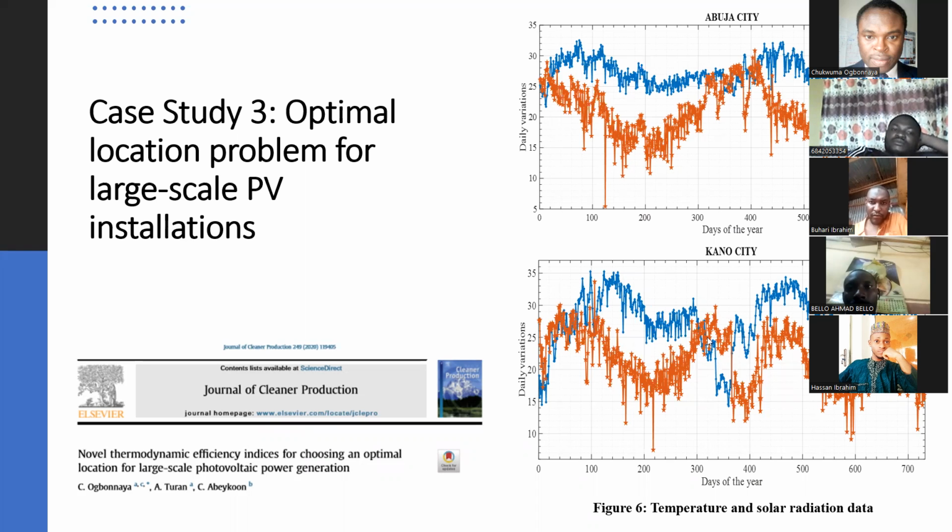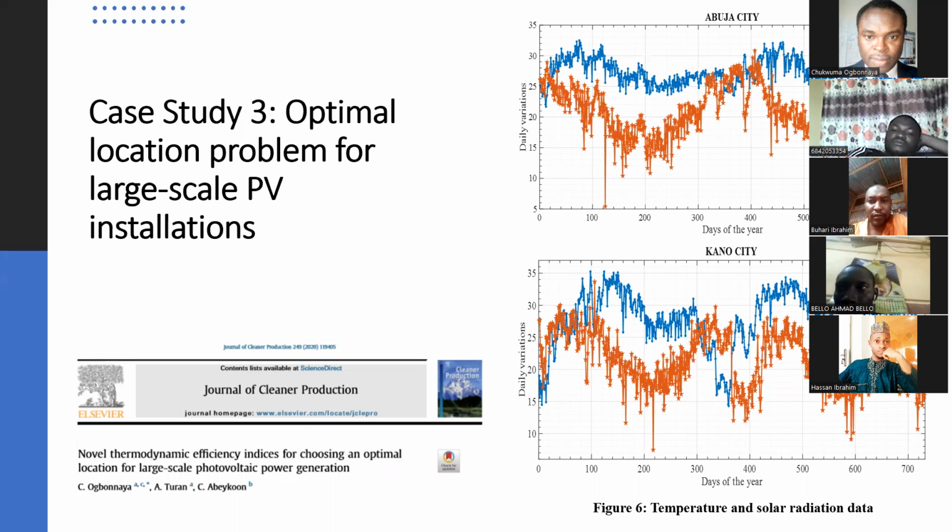Yeah, as expected, it's quite difficult to say. It's quite difficult to look at data and say, yes, let me go and install a large-scale photovoltaic system in some place.